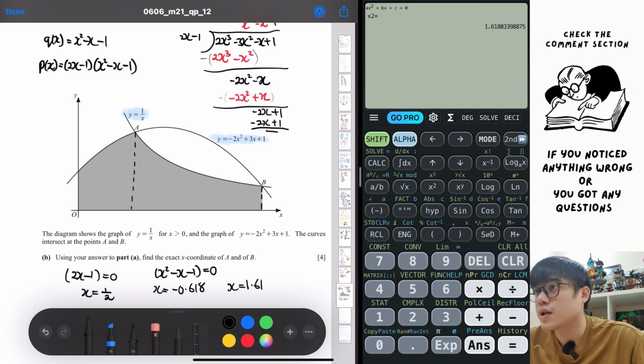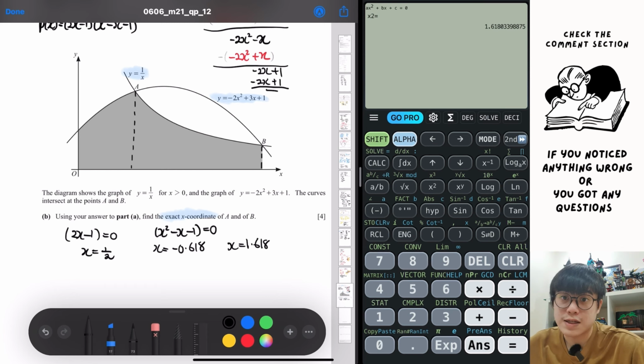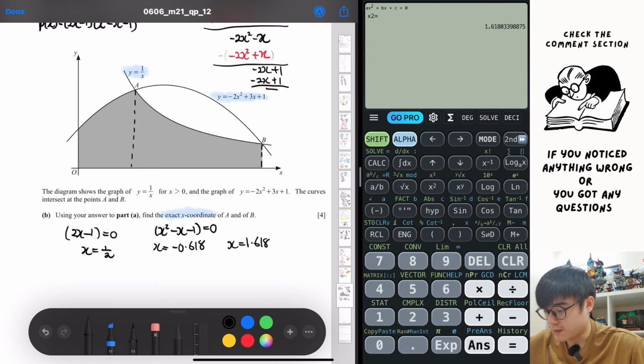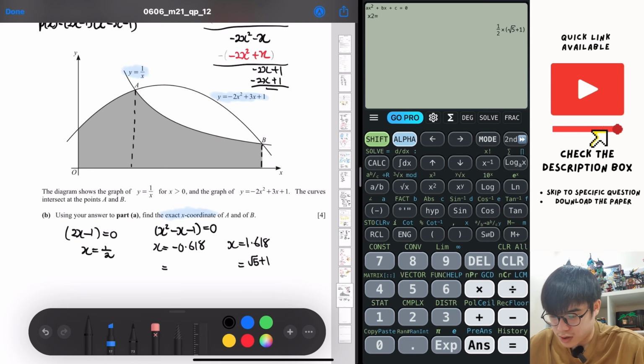Okay, so clearly the more relevant one would actually be the positive one. And there's one thing that I missed out here. They mentioned they wanted the exact coordinates. So if the exact coordinates is what they wanted, I cannot write it in this current format. I must update what I have here into (square root 5 plus 1) over 2, and the other one is actually (negative square root 5 plus 1) over 2.